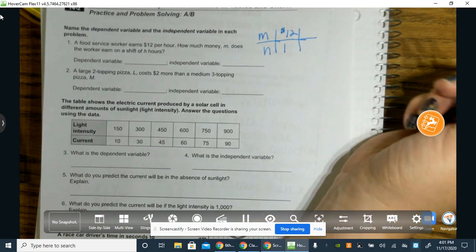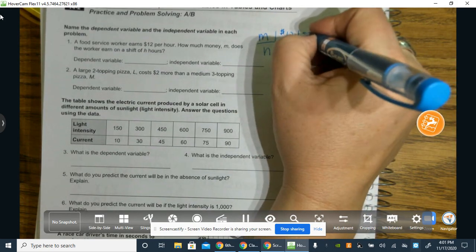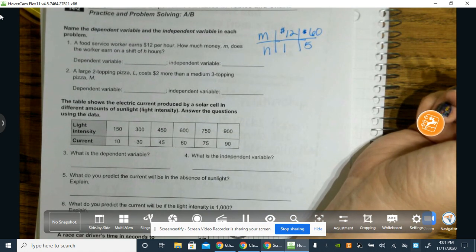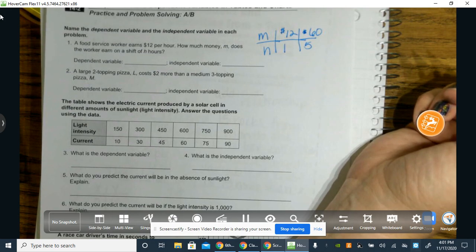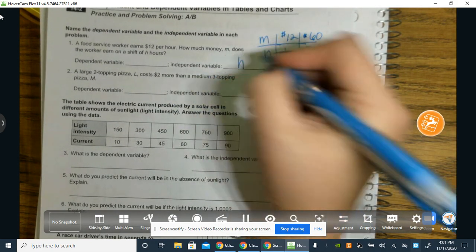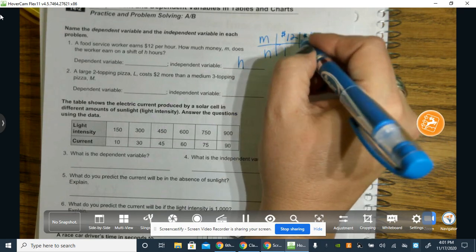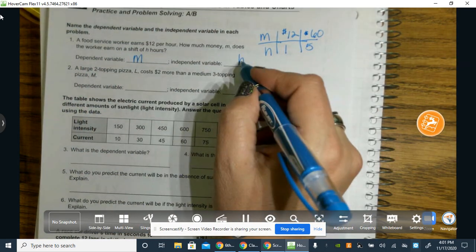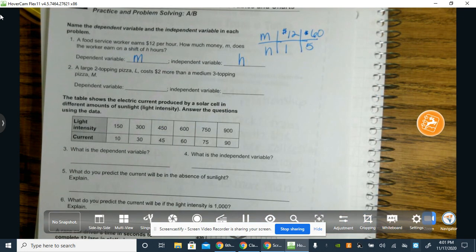If they worked 5 hours, they would make $60. So my independent variable, the one that can stand alone, is hours, because hours dictate how much money you have.